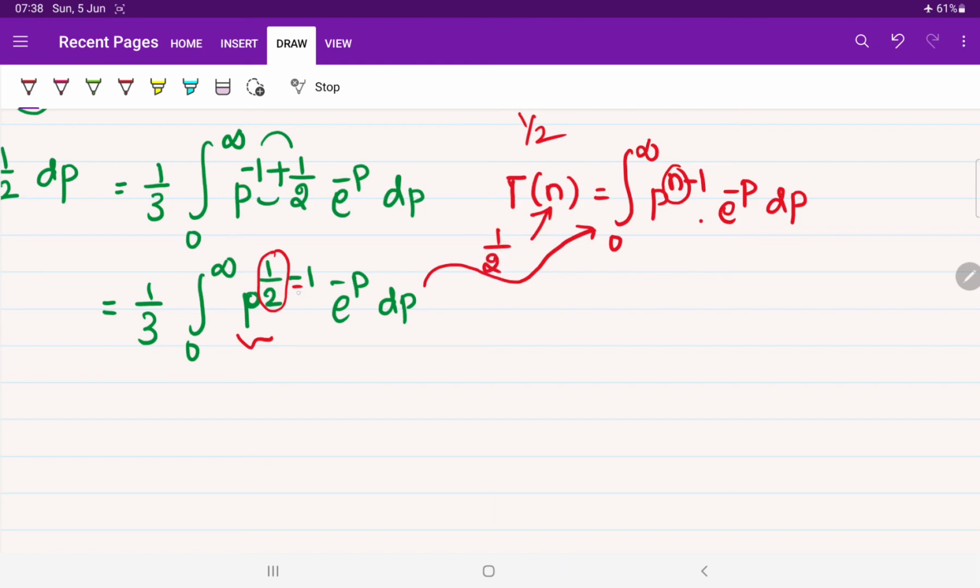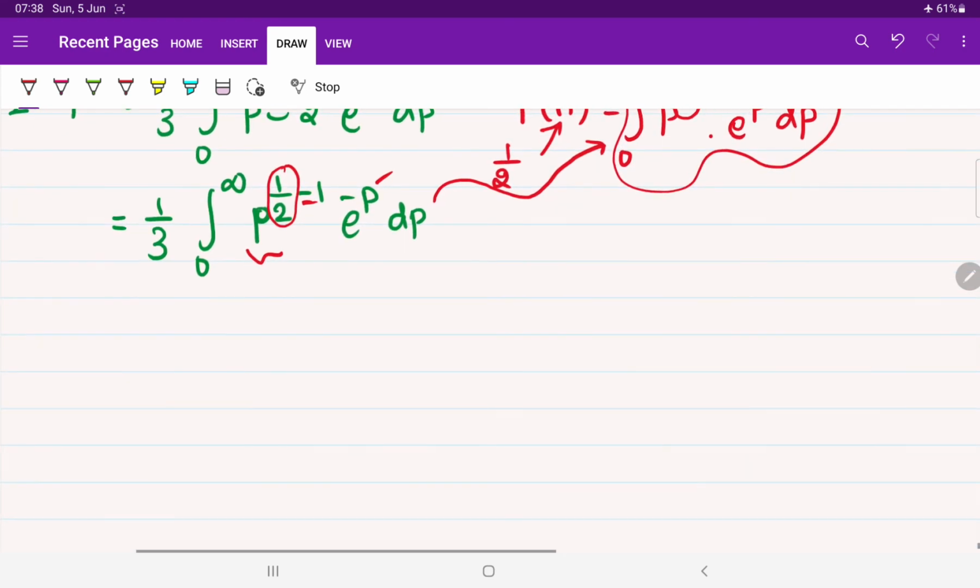After that, n minus 1, e power minus p into dp. Everything is perfect. So it is almost similar. Both are same only. So in place of n, I can replace n by 1 by 2. If I replace n by 1 by 2, then here also n will be replaced by 1 by 2. So this whole function will be replaced by gamma of 1 by 2. So simply you can say gamma of 1 by 2.